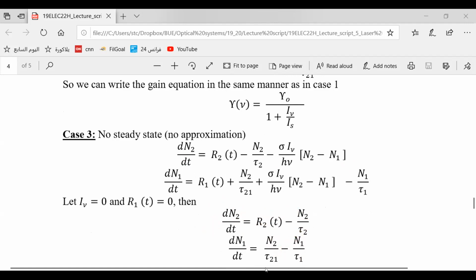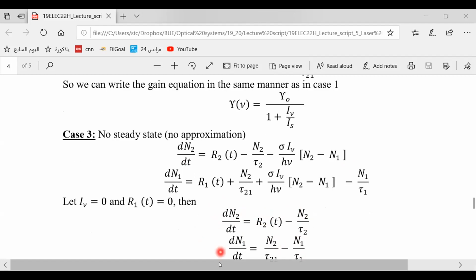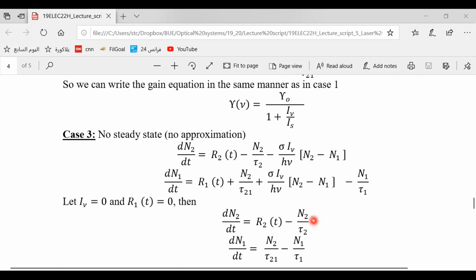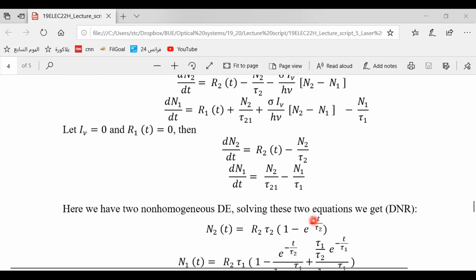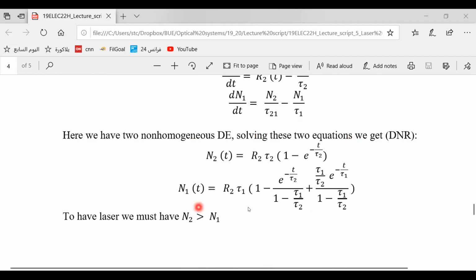These are the two equations we have here. Now, you can solve these two differential equations. Again, for the third or the fourth time, you are not required to do this mathematically step by step. Then you will have these two equations. The first is an equation to express N2, and the second is an equation to express N1.